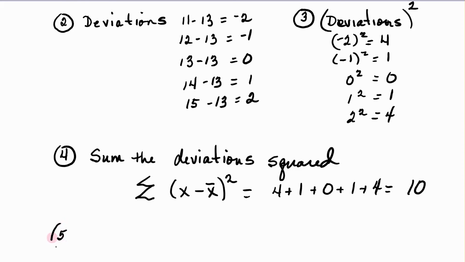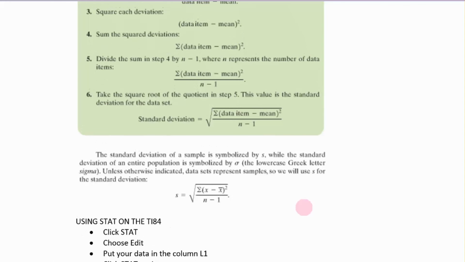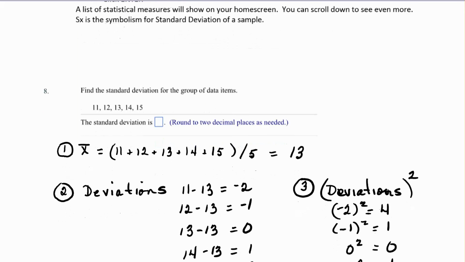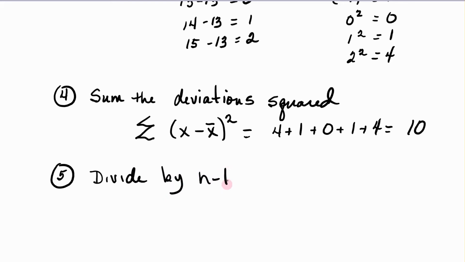Step number 5, and let's go back up. Divide the sum in step 4 by n minus 1.